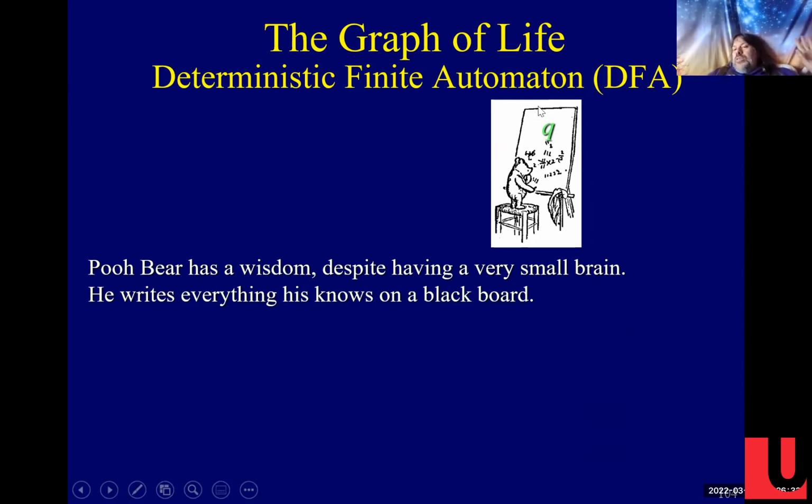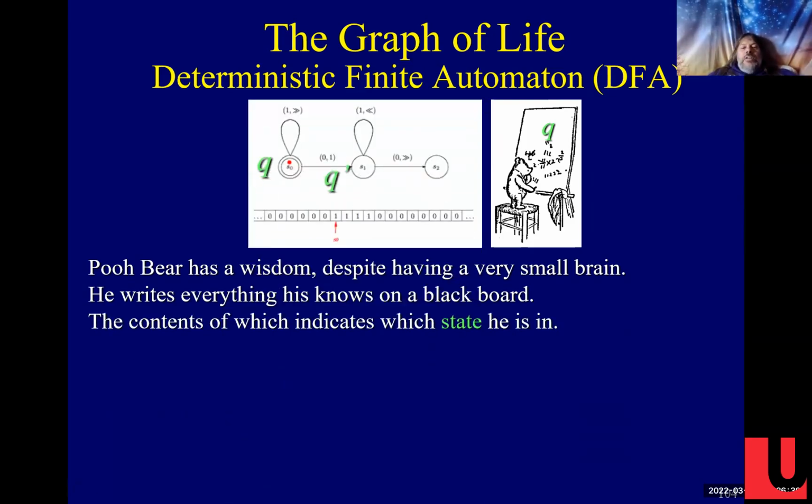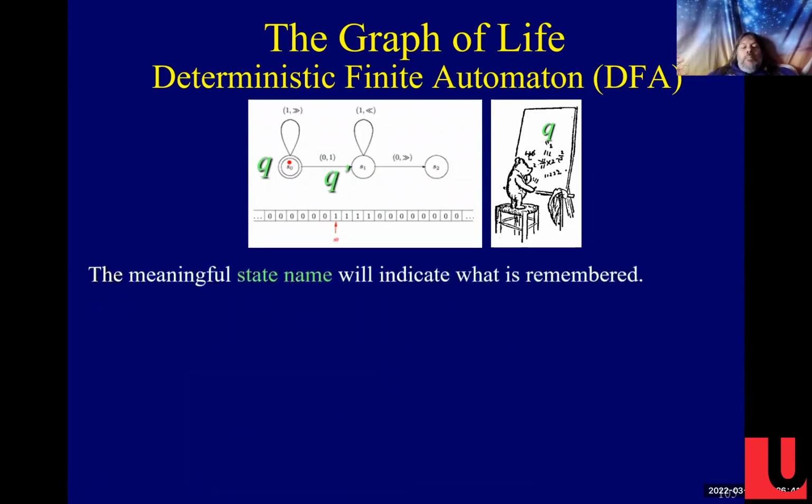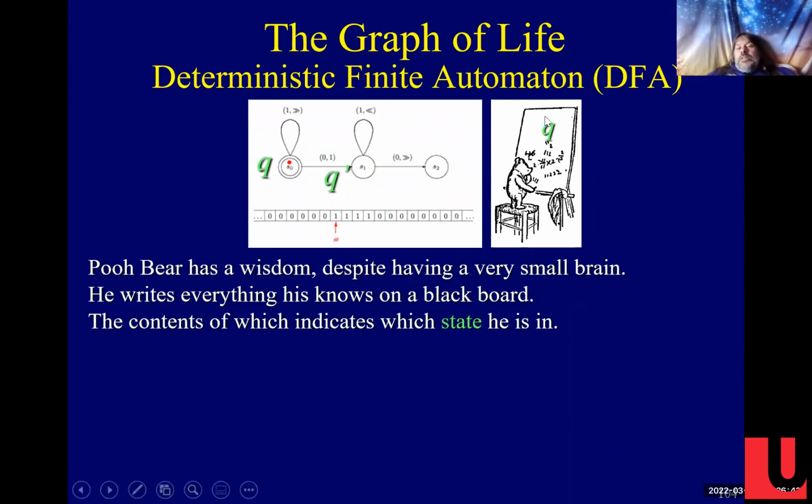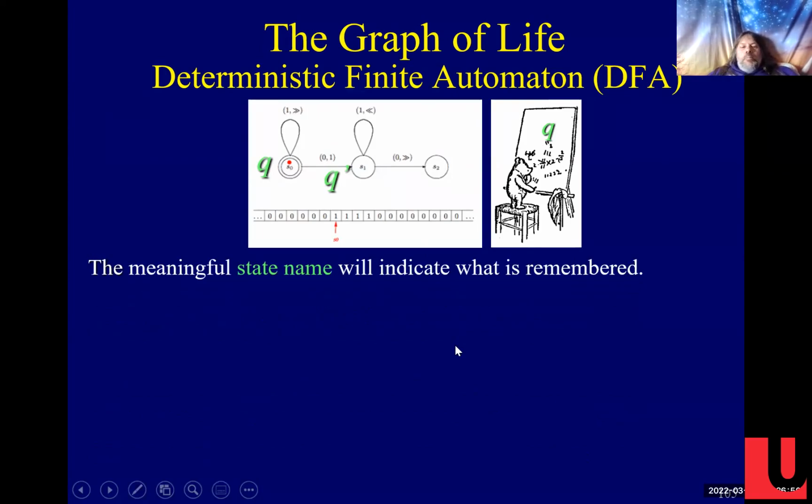He knows that the string is of length 2. He knows that the number of ones is even. So what he knows is written on the blackboard, and what he knows is kind of the name of the state.